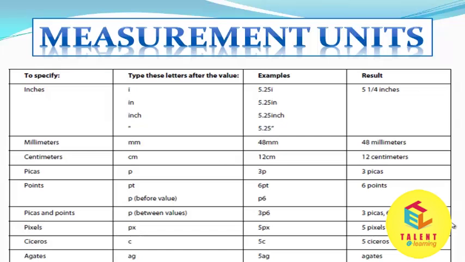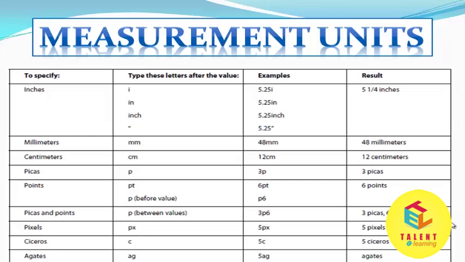In inches we can write in, inch, or a double quotation mark. For example 5.25 i, 5.25 in, 5.25 inch.